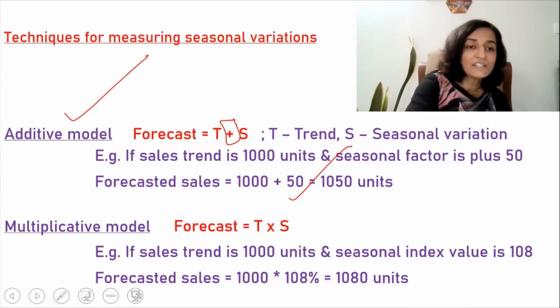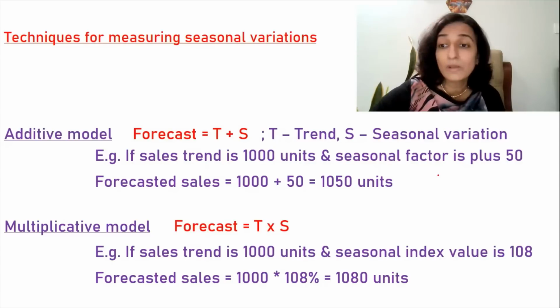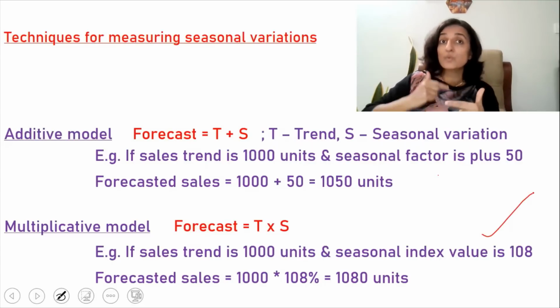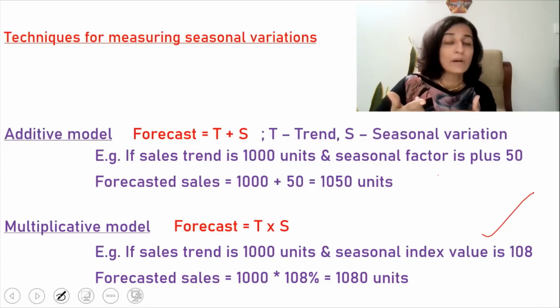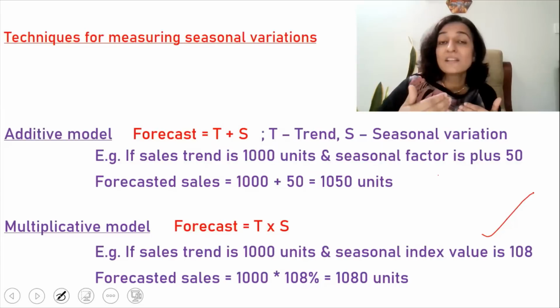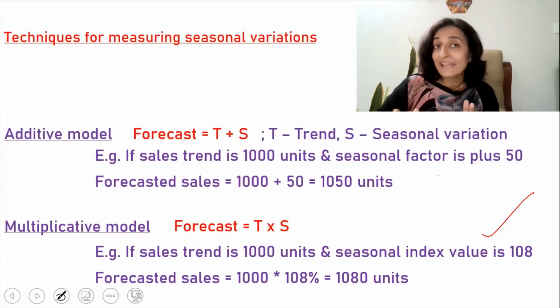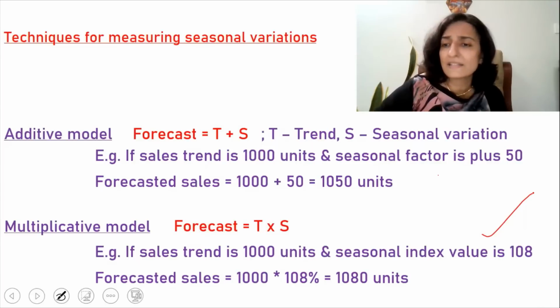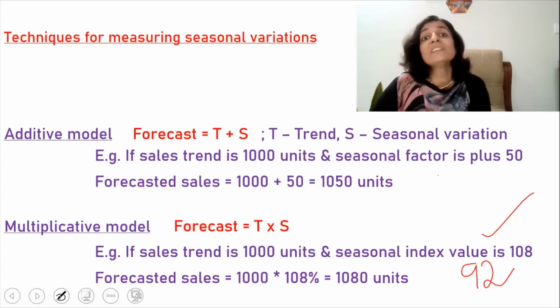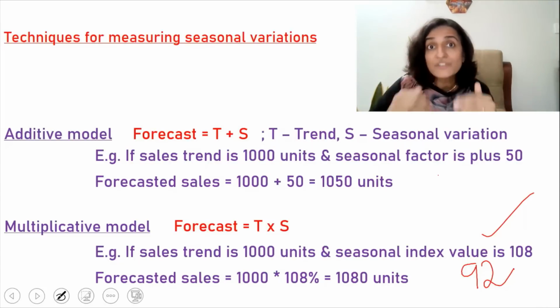And in the multiplicative model, the index for the summer will be 108. That is, we are supposed to increase the sales for the summer. And if we are trying to forecast the winter sales, then the seasonal index will be given as, say, 92, which means that you have to multiply with 92%, which will reduce your sales.